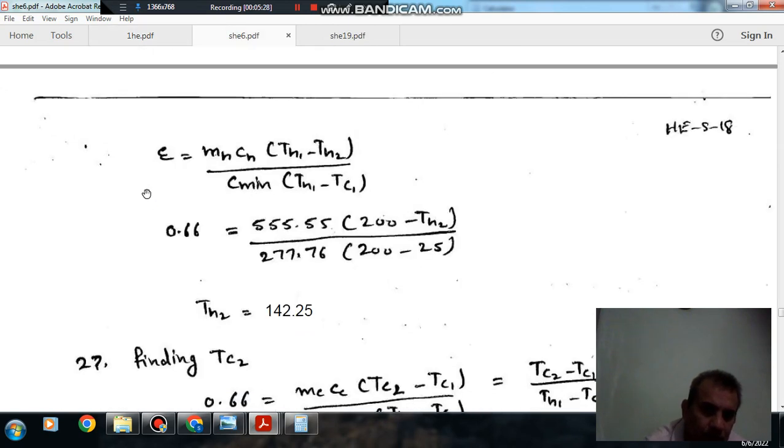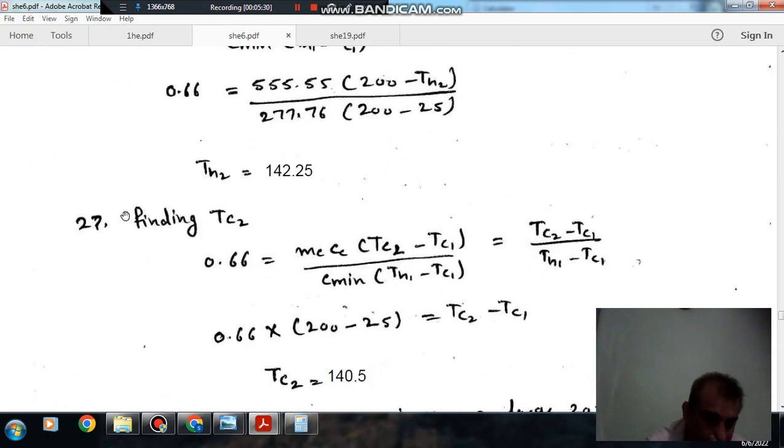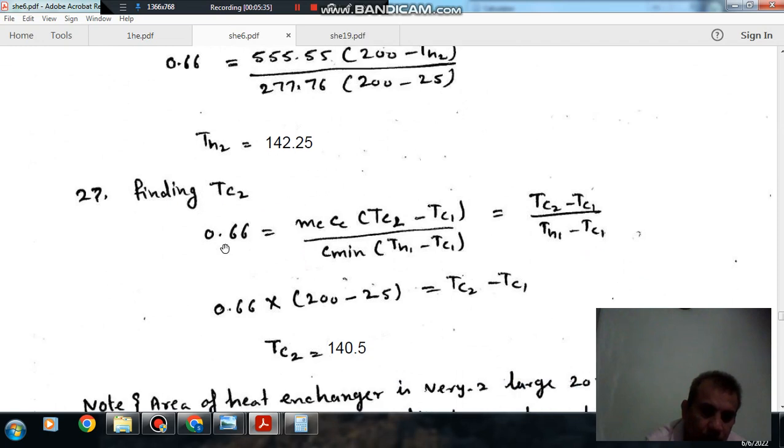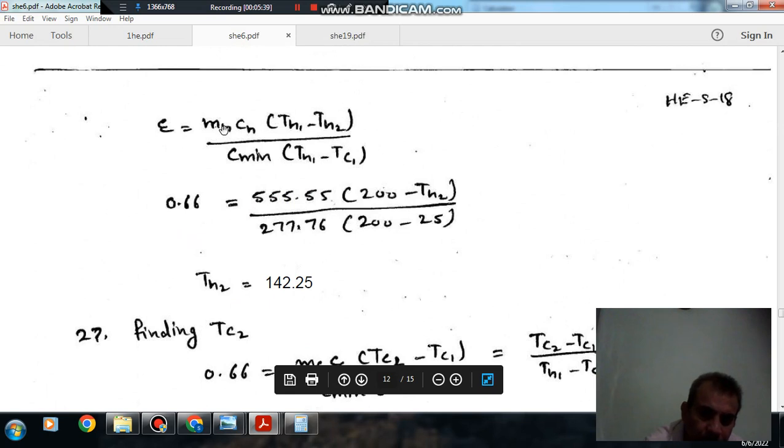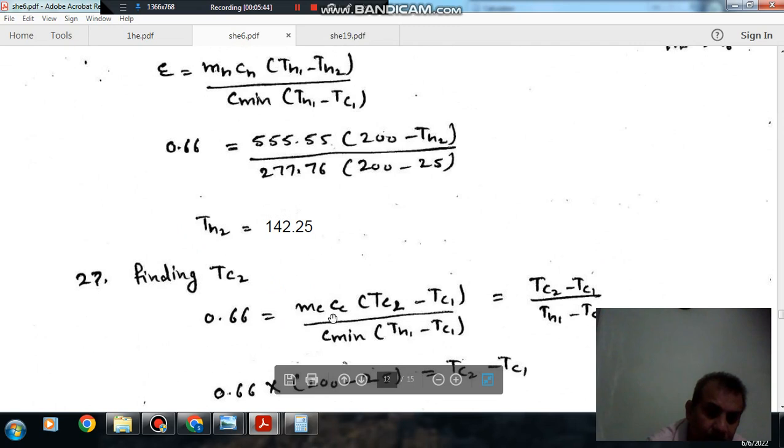Now question number 27 is TC2. So we have to find out TC2. TC2 can be found by the same method. The heat transfer is the same whether we take the hot fluid or the cold fluid, and now we can take the cold fluid.